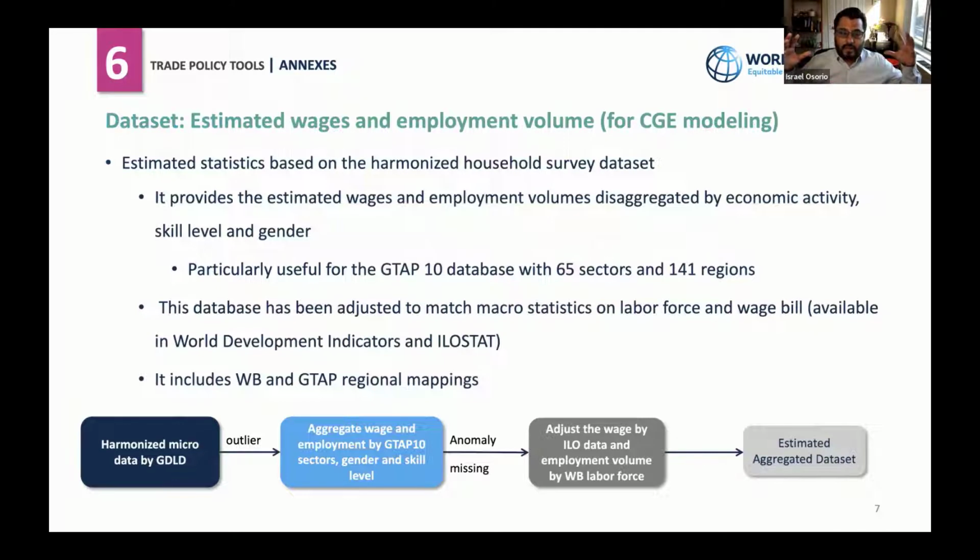As you know, the data that comes from the household surveys or micro data is not compatible with what we look at in the macro data. And also the household surveys usually don't have the level of detail or the number of observations to basically construct aggregates that can be scaled up to the macro level at the 65-sector level.